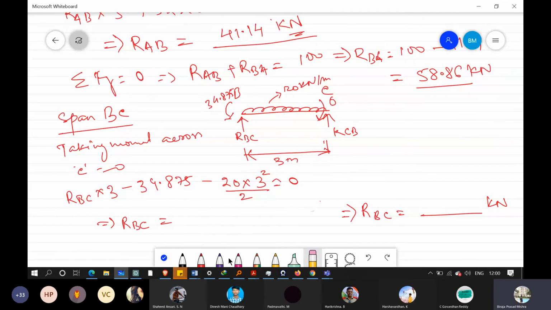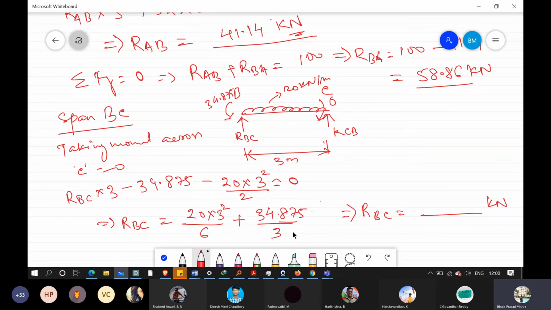So please calculate how much is RBC. It will be 20 into 3 square divided by 6 plus 34.875 divided by 3.